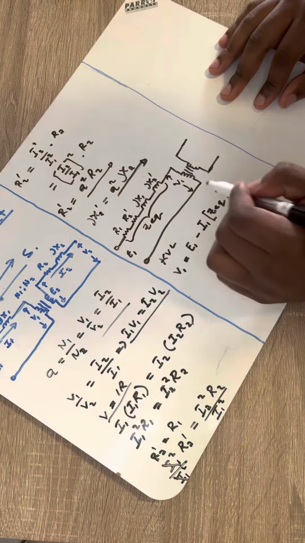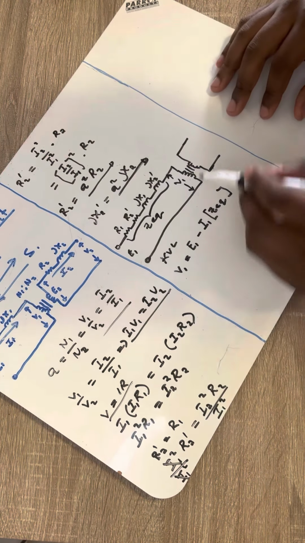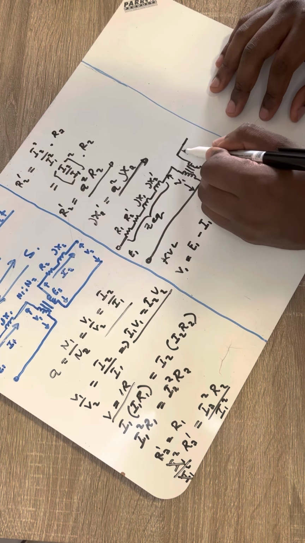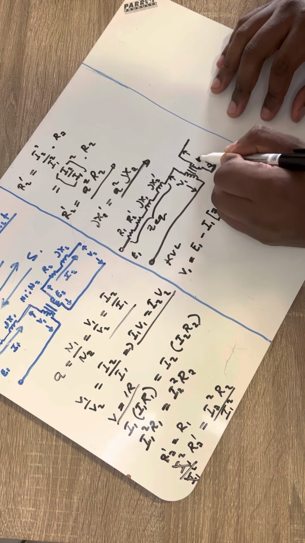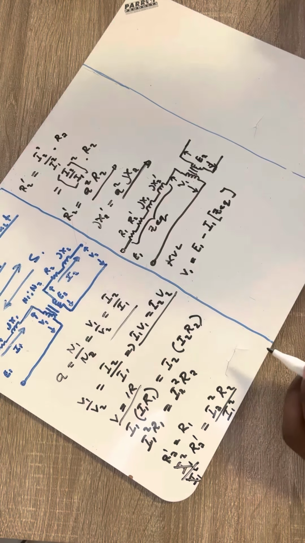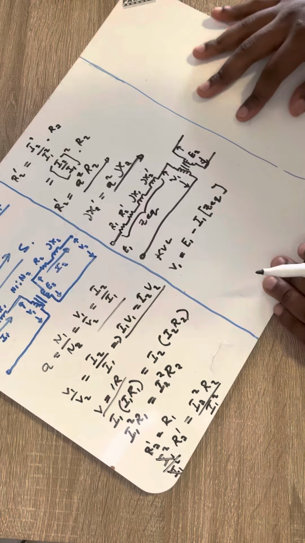So this voltage sitting here, as we discussed in the previous video, we can calculate the voltage E2 just by knowing this voltage sitting here. So this formula gives us the voltage that's sitting here.